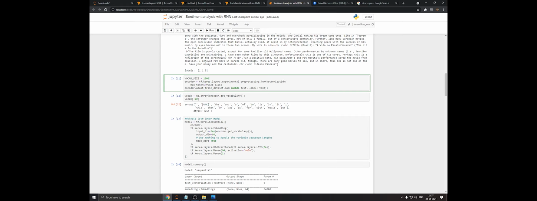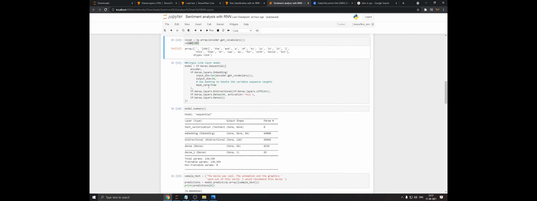After these three steps, this will give us all the vectorized indices for the particular words. And here we are getting the vocabulary, the first 20 words. As we can see here, this is the unknown value, and these are all the words.